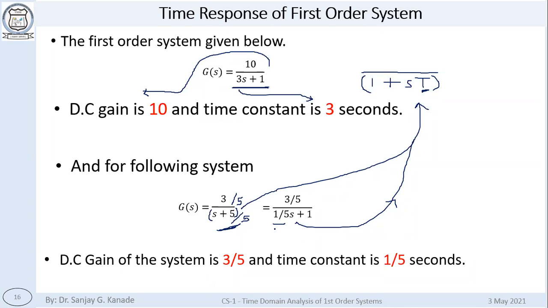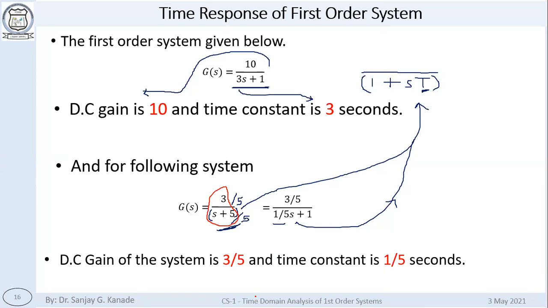Sometimes this kind of very simple question is asked in theory, and now even more prominently in MCQs because it's just a 1 mark MCQ, and in orals it is obviously asked many times: a system equation is given, tell me the DC gain or time constant of the system. In that case, many students rush to say that 3 is the DC gain and 5 is the time constant. No, it is not like that.